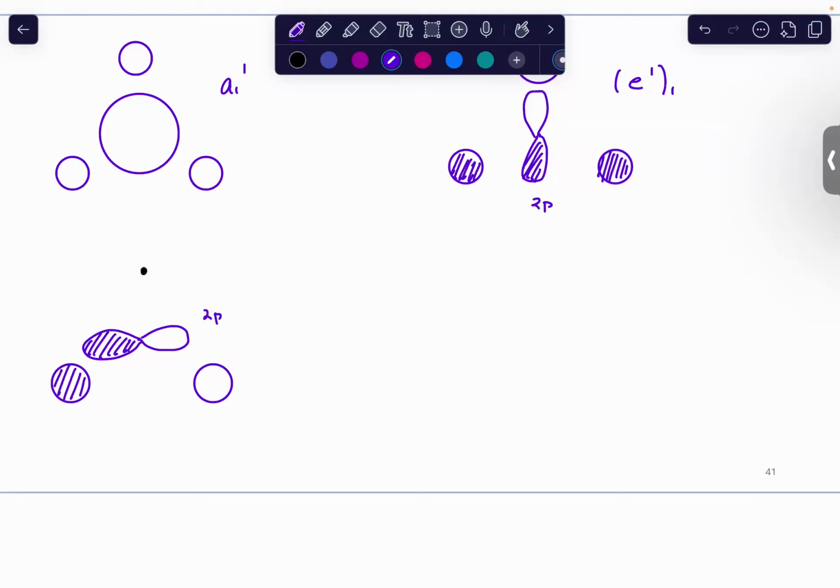Again, you could label either one of these X or Y. And then, of course, we remember we're going to have this boron 2pz orbital. Okay, so this is your second E prime. And then this one is your A2 double prime. That's your non-bonding orbital.